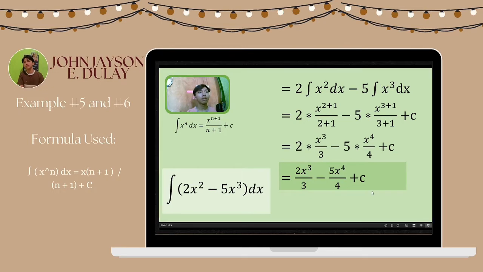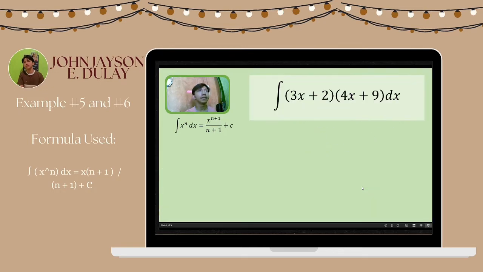So the next example is this, already in factors: the integral of 3x plus 2 times 4x plus 9 dx. What I did here, I don't remember what it's called, but I took the integral of 12x squared plus 35x plus 18, the factors being the given that I made. So how did we get this? 3x times 4x is equal to 12x squared, then 2 times 9 is equal to 18.